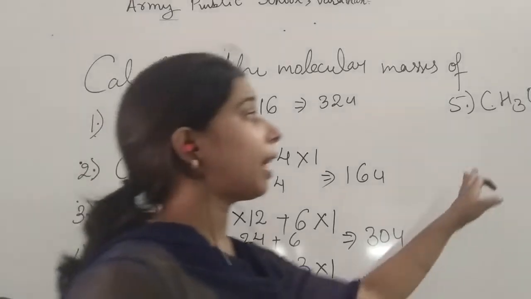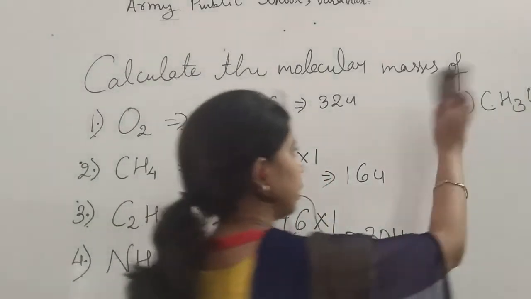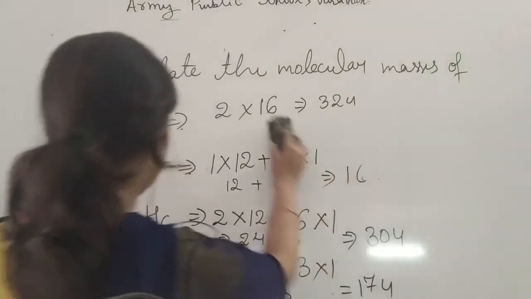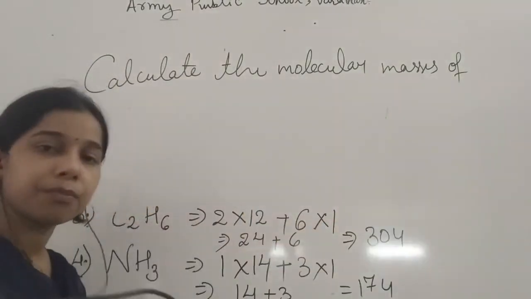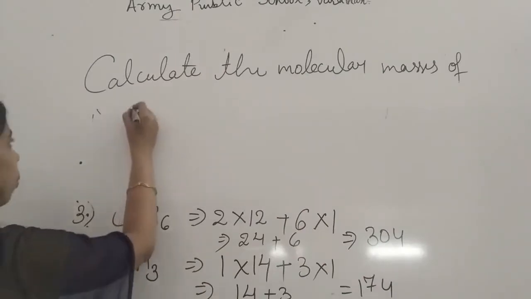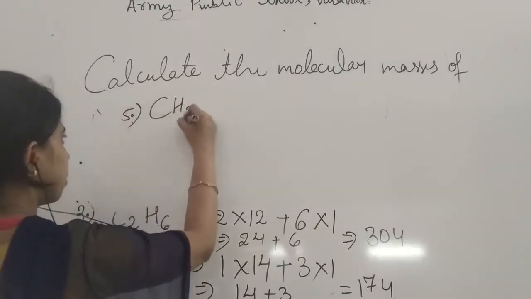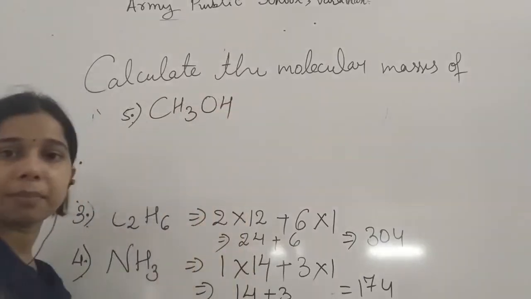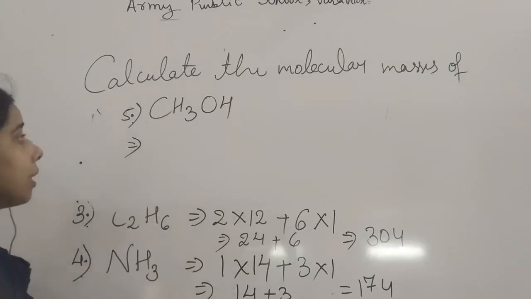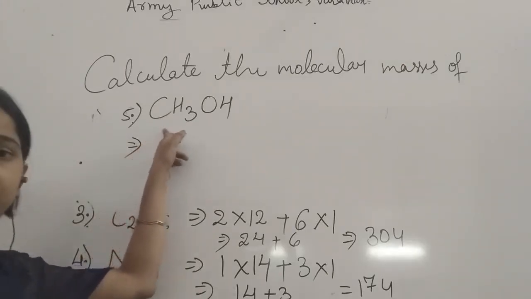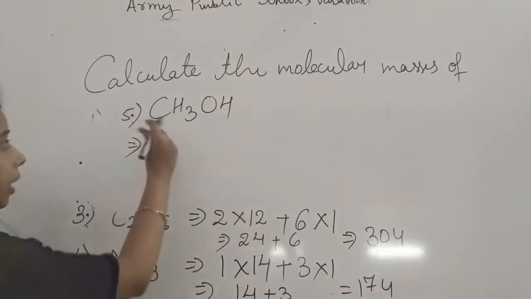The same thing we can do with CH3OH, students. I think you are not able to see it. Let me write it here. You can see here CH3OH. In the case of CH3OH, students, the number of carbon atoms present in this compound is 1.